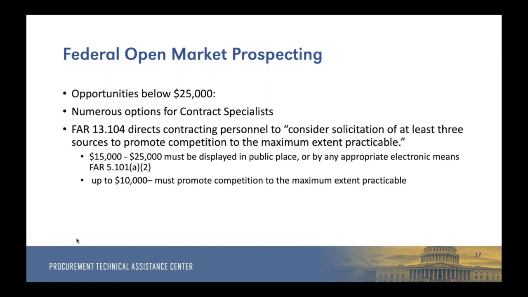So literally, the contracting officer will just pick up the phone and call a company that they've maybe worked with before, or they just submitted a sources sought, and they know that the company is doing this kind of work, or they ask the PTACs to disseminate the information. So again, this is really at the discretion of the contracting officer, of the purchase card holder, on how they're finding these businesses.